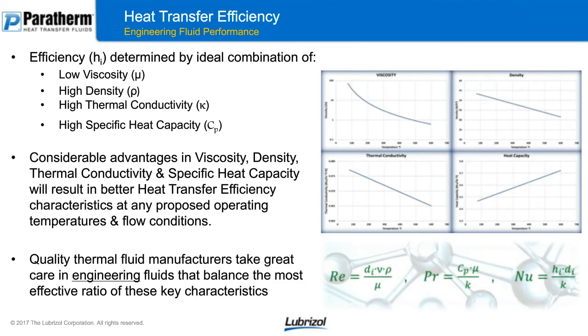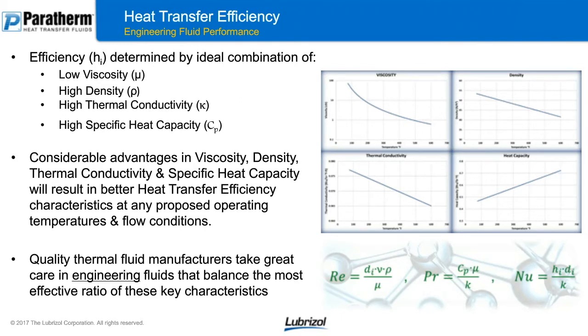This is where a quality thermal fluid manufacturer comes into play. They have the ability to engineer fluids that balance the most effective ratio of these characteristics. So when designing a product that's going to have high heat transfer efficiency, you need to key in on those properties and maximize the ratio itself.